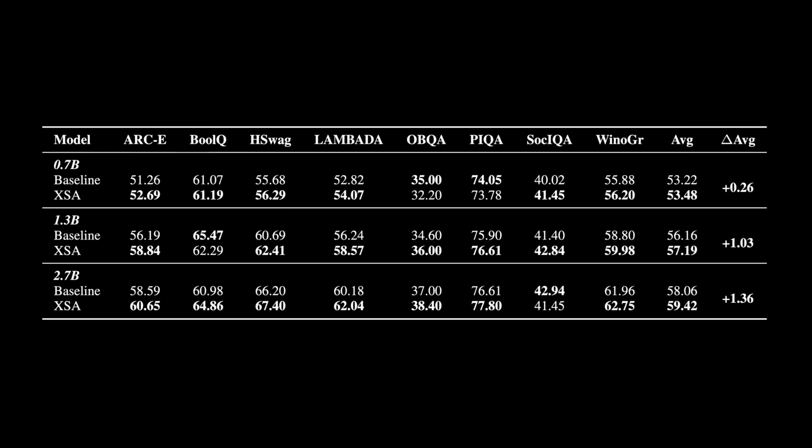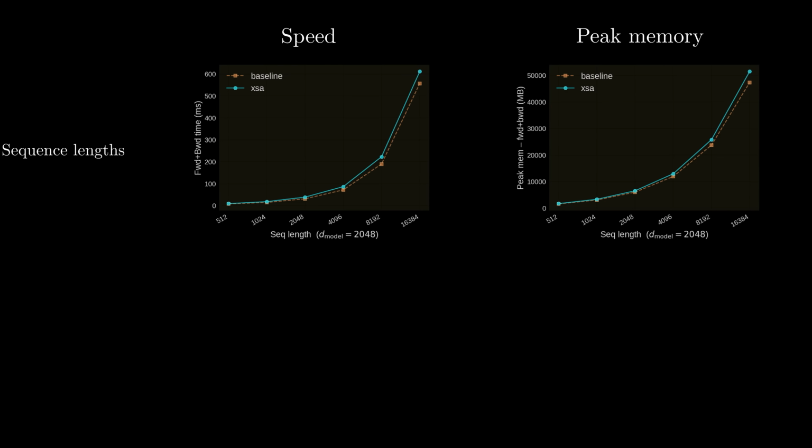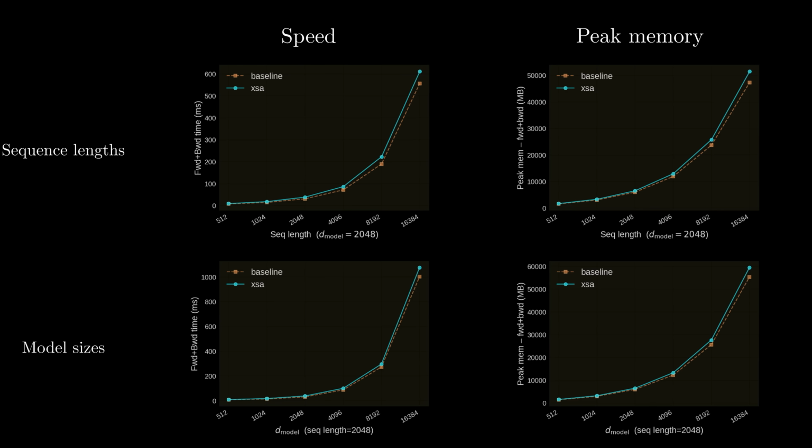Does adding XSA slow things down? Here, the paper reports the speed and peak memory usage on the different sequence lengths. Compared to standard attention, XSA introduces minimal computational overhead. The same trend holds for varying model sizes. But how robust is this to changes in hyperparameters like the learning rate?